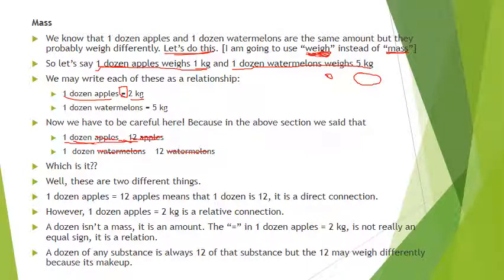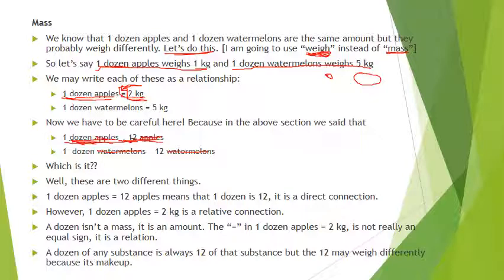Does a dozen apples equal 2 kilograms, or does it equal 12 apples? Well, 1 dozen apples is 12 apples, just because a dozen is a dozen. But 1 dozen apples weighs 2 kilograms. So this equal sign actually should say weighs. It's not really equal.